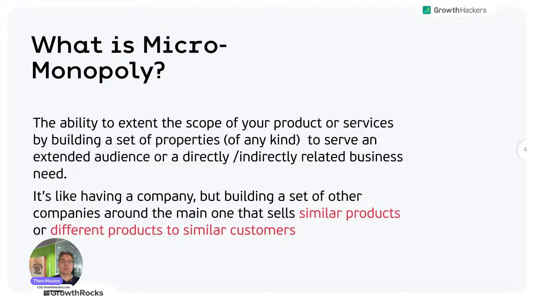Now, again, micro-monopoly is nothing more than building a set of properties in order to serve a particular audience. That's the idea. It could be a different audience, or the same audience with a different intent. So, for example, at Growth Hackers, we have Growth Hack University, because we want to cover the intent of those looking for training.